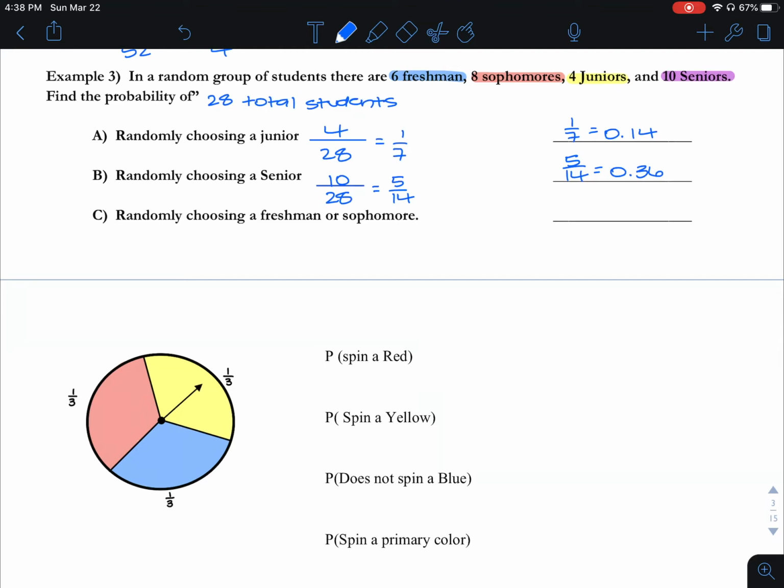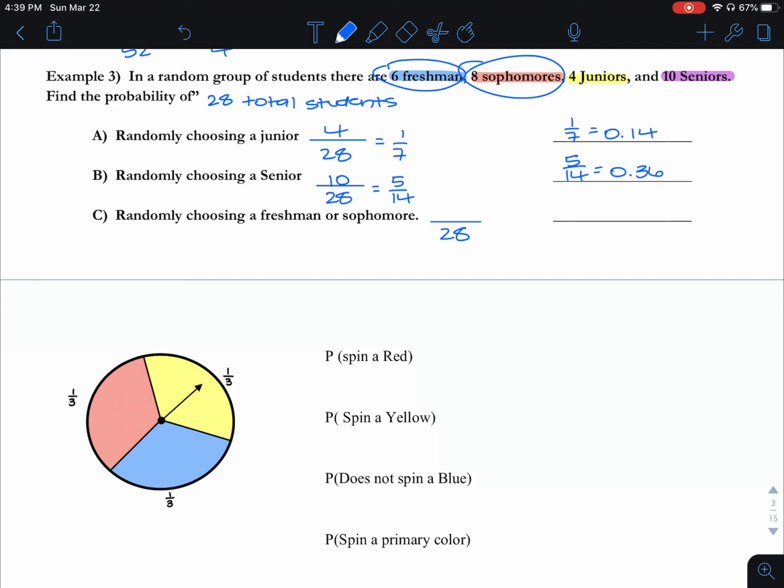All right, last one. Randomly choosing a freshman or a sophomore. Okay, so this one gets a little bit trickier. So again, my 28 goes on the bottom because that's my total. That doesn't change. I didn't change my sample size. Okay, but randomly choosing a freshman or a sophomore. So in this case, I'm looking at freshmen and sophomores. Okay, well, how many of those do I have combined? How do I find that?